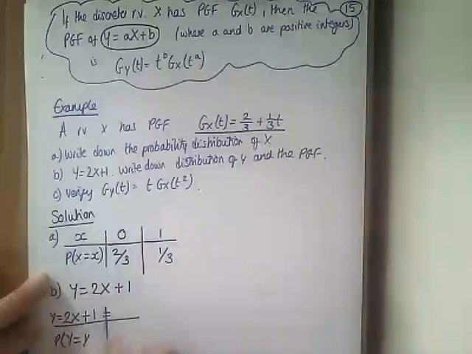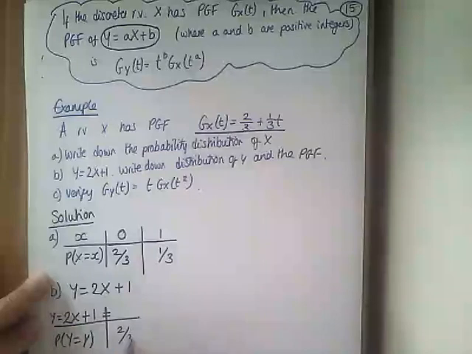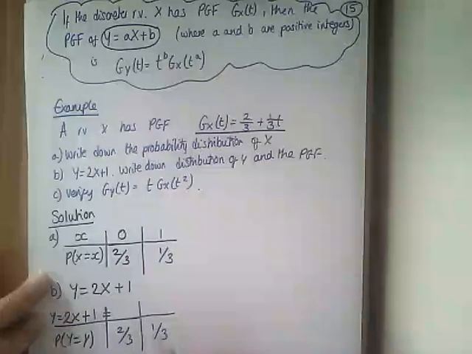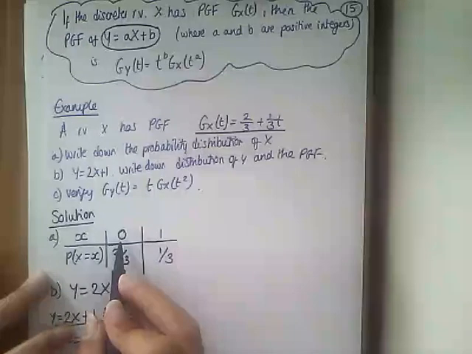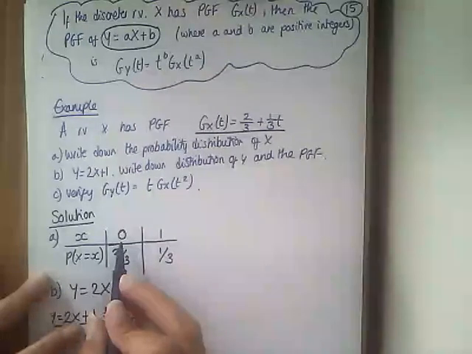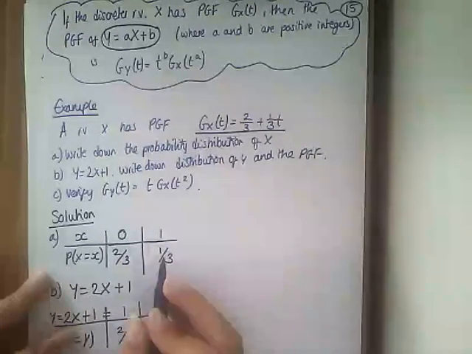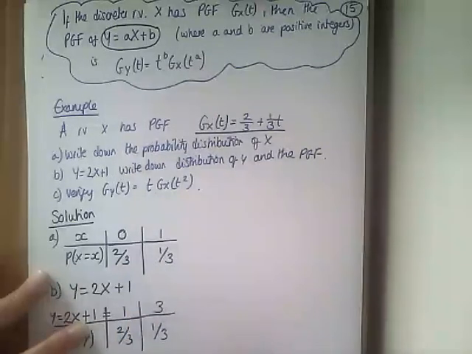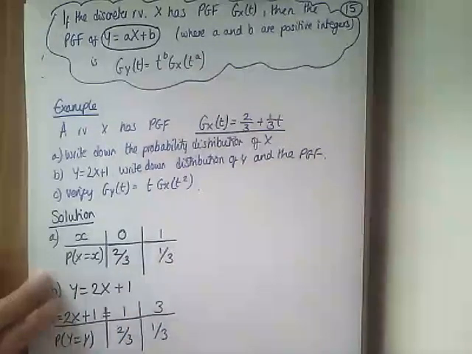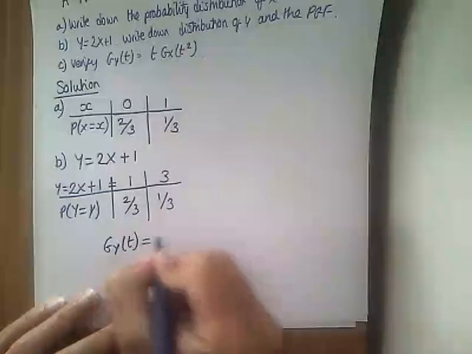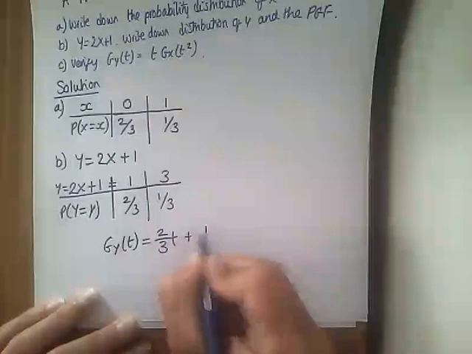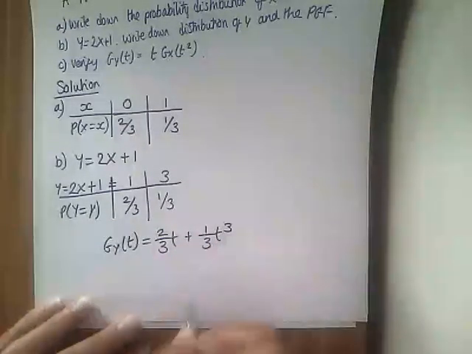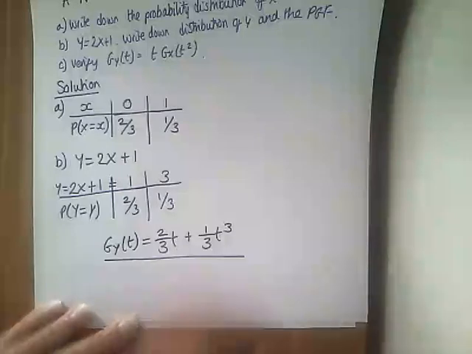Our probabilities, of course, will stay the same, and our y value we're going to substitute these in. So 2 times 0 is 0, plus 1 is 1, 2 times 1 is 2, plus 1 is 3. So that means our probability generating function for y is going to be 2/3 t to the 1 plus 1/3 t cubed. Okay, we've done that just from first principles.